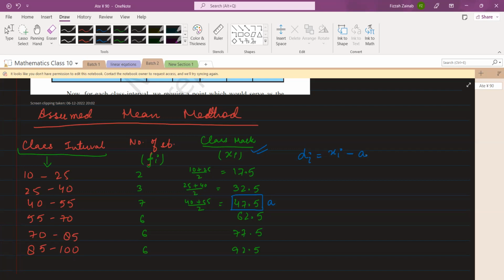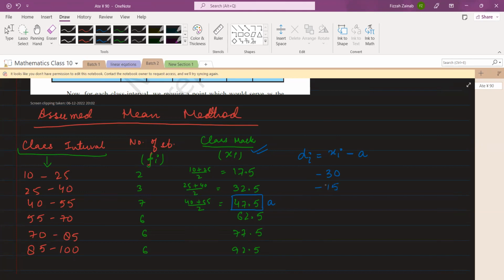Now 17.5 minus 47.5 gives you minus 30. Then 32.5 minus 47.5 gives you minus 15.